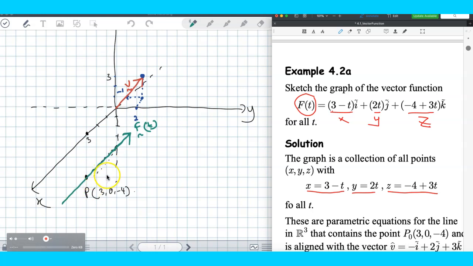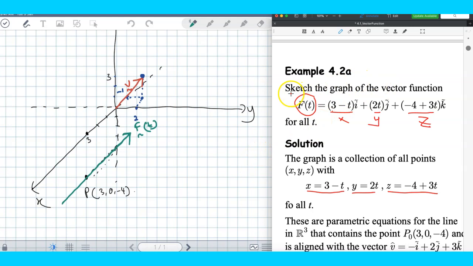Okay, and then you answer it. We have this line, and the line is passing through the point 3, 0, minus 4, and parallel to the V. And how can you get the V? From the information from the parametric equation that you obtain from the vector function given. Okay, so that is your graph.